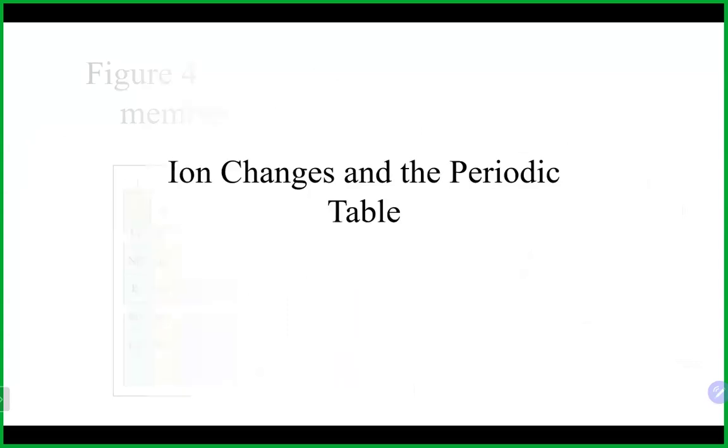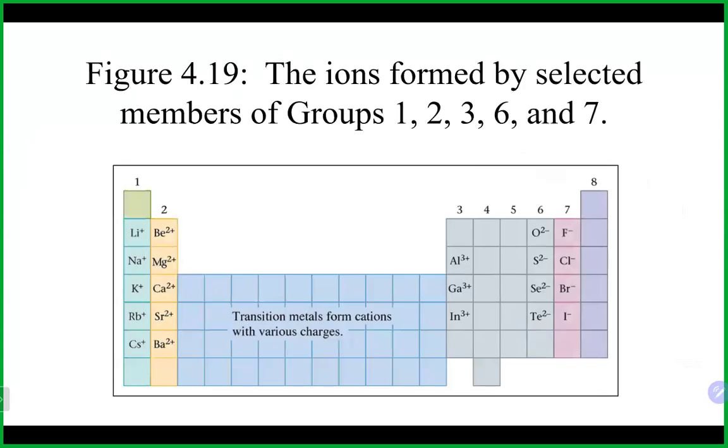Now let's talk a little bit about charges and the periodic table. First off, the thing that you should keep in mind for sure, like I talked about maybe last time as well, is that if it is by itself, if it is not combined with anybody, it does not have a charge. Sometimes people think everybody always has a charge on the periodic table.